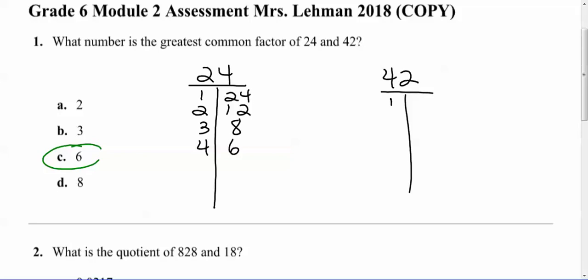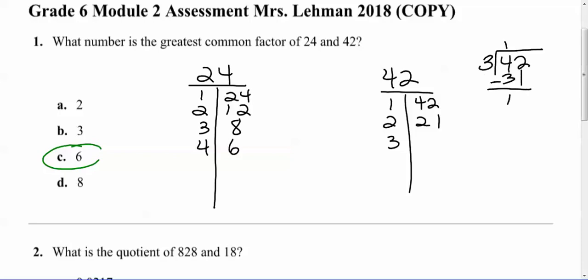For 42, we have 1 times 42. We have 2 times 21. We have 3 times 14. The way you can tell that 3 goes into 42 is you add 4 and 2, that's 6. 6 is divisible by 3, so therefore we know 42 is divisible by 3.